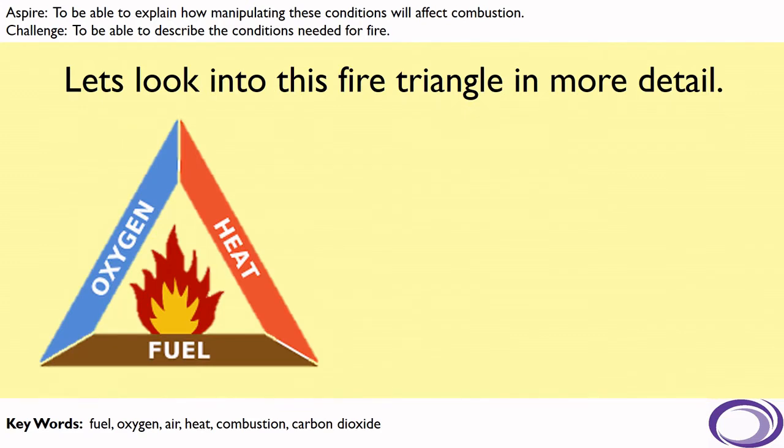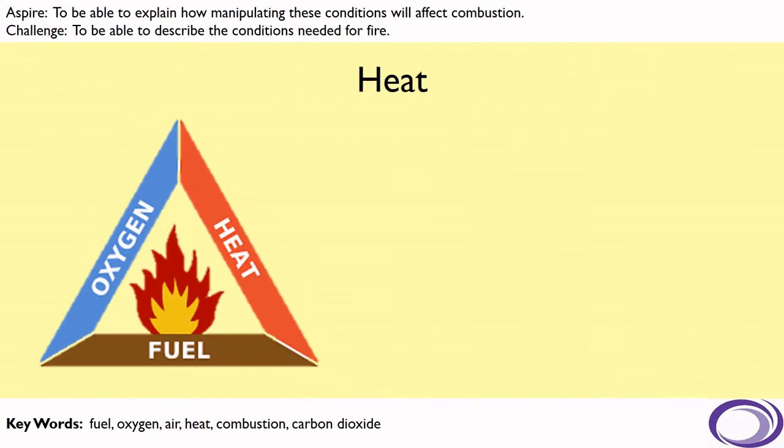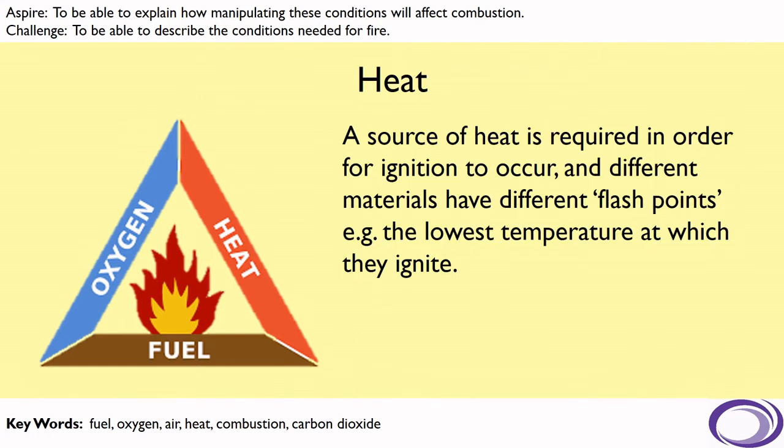Now let's start to look at the fire triangle in a little bit more detail. The first aspect we are going to look at is heat. Now a source of heat is required in order for ignition to occur, so actually to start the fire going.